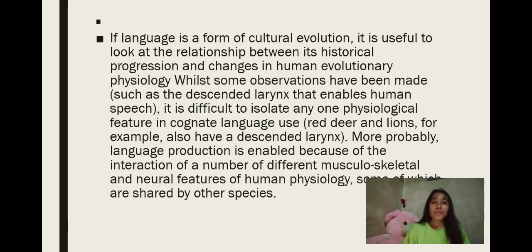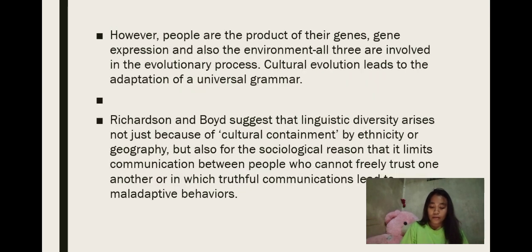Musculoskeletal and neural features: this is connected to the bone, and neural relates to a nerve or the nervous system. So next slide.